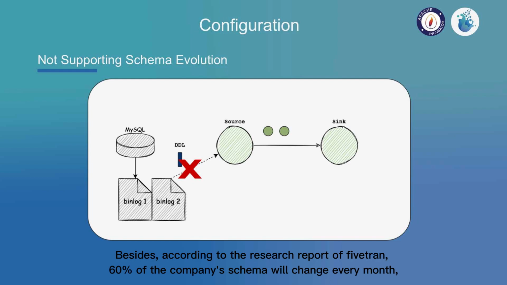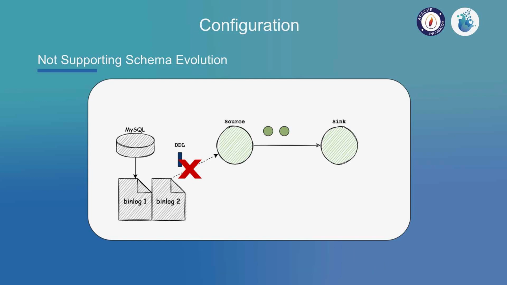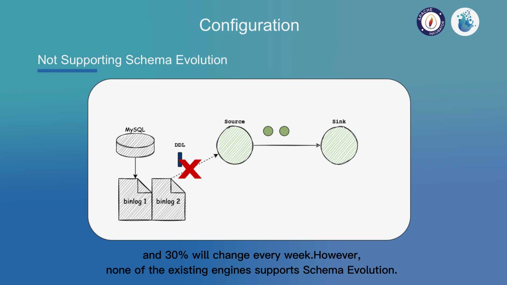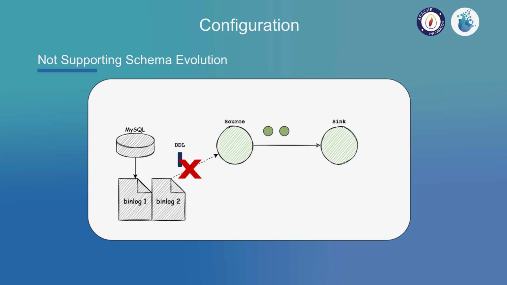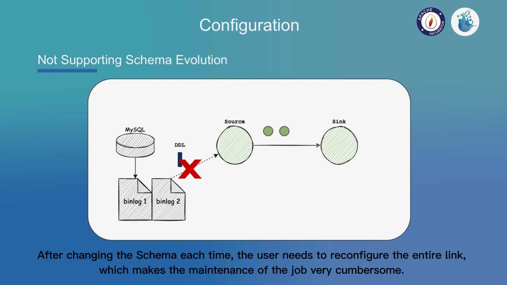Besides, according to the research report of Fivetran, 60% of companies' schemas will change every month, and 30% will change every week. However, none of the existing engines supports Schema Evolution. After changing the schema each time, the user needs to reconfigure the entire link, which makes the maintenance of the job very cumbersome.